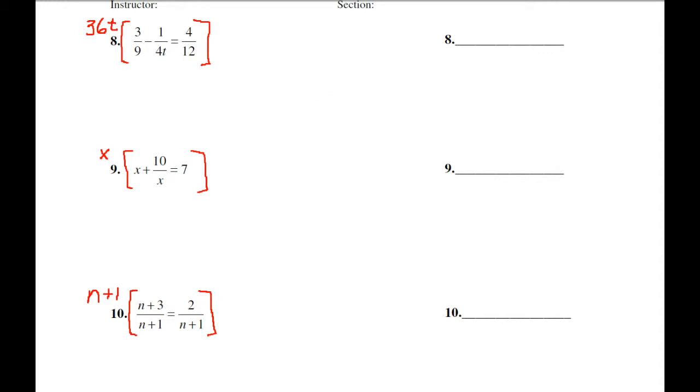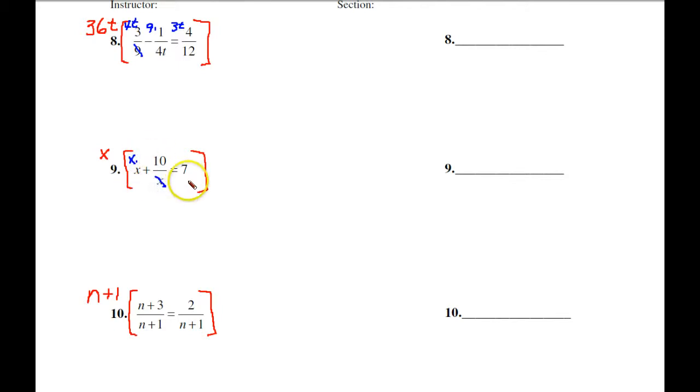Alright, let's change colors and see where we go. So 9 will go into there 4 times, so it's 4t times 3. That cancels out the 9. 4t will go into there 9 times. And 12 goes into there 3t times. And then here we don't have anything, so that's x times x.